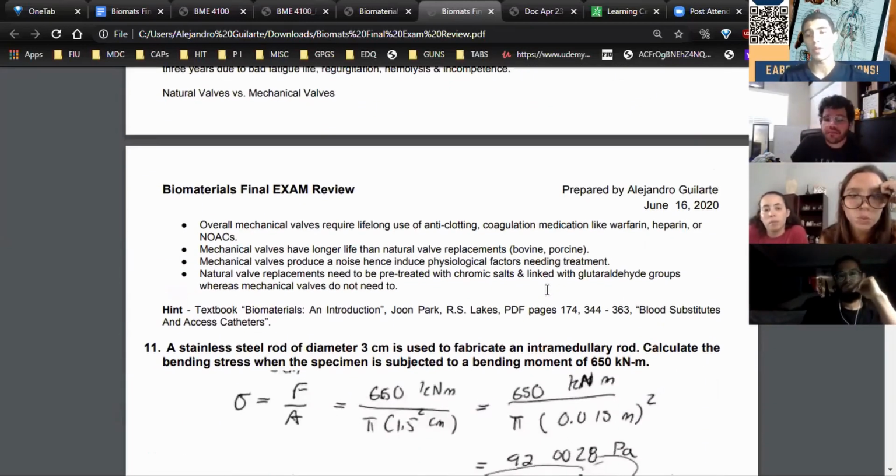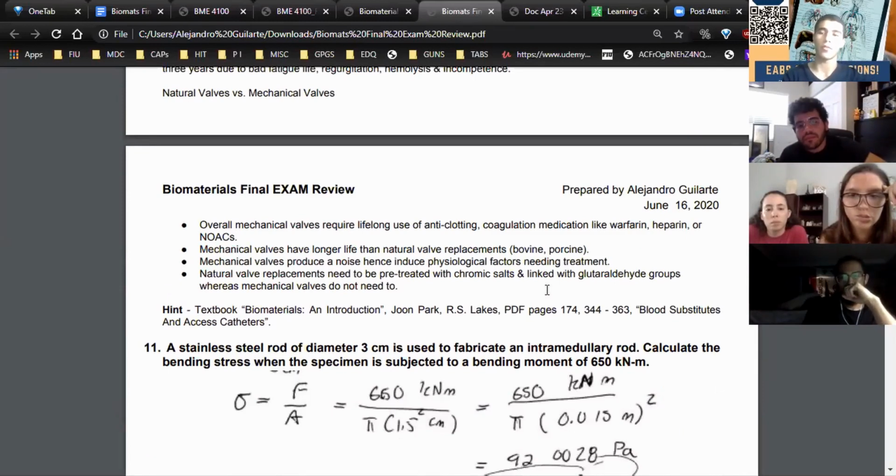And overall, when you compare mechanical versus natural valves, the pros and cons are the following. Mechanical valves actually last longer. They have better wear resistance overall. And you need to maintain them in the sense that once you have it, you need to take treatment with pharmaceuticals to prevent clotting.